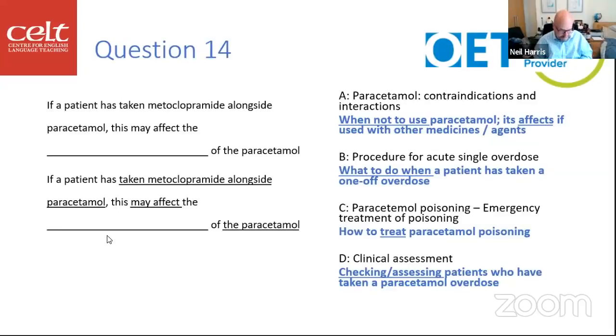If we think about the meaning here, first of all, and also the word class, we've got a word the here. So we are looking for a noun. And we're looking for something to do with the something of the paracetamol. So you might be thinking efficacy, impact, words like this. Okay. So we're looking for probably a noun or a noun phrase, a noun with some other words with it.